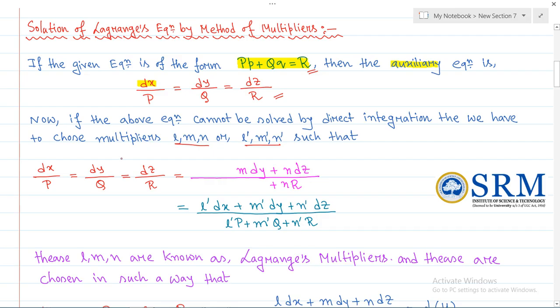multipliers, and using algebra we can write down the addition of the combination of these terms.